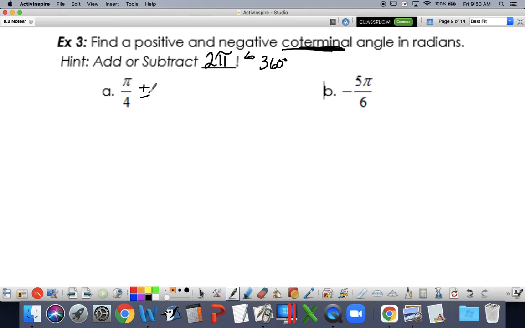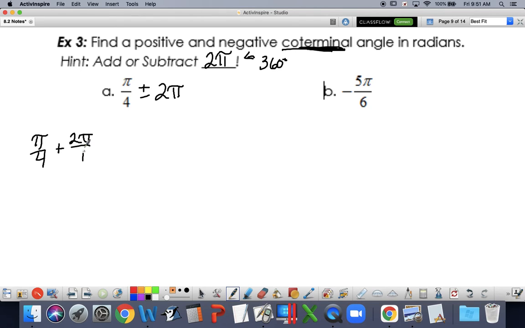So I am going to have to do a little fraction math on these, right? I have to add or subtract 2 pi. So here's how I do it. Pi over 4 plus 2 pi. Notice I am adding fractions. In order to add fractions, I need a common denominator.